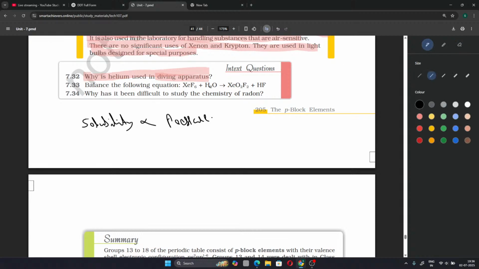Let's balance oxygen first, or let's try to balance fluorine first. No, oxygen is better, I think. 2 oxygen, 4 fluorine. I think it is balanced.